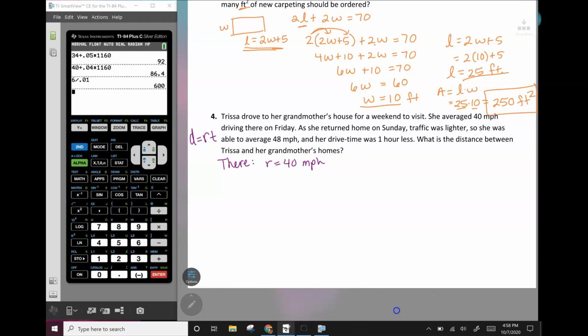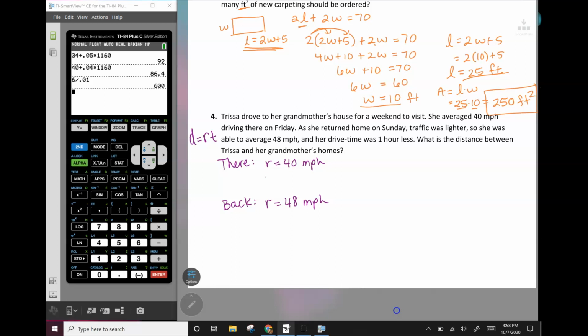She returned home, so coming back, I could say, just organizing my information, traffic was lighter, so she was able to average 48 miles per hour. So R, the rate, equals 48 miles per hour. And her drive time was 1 hour less.